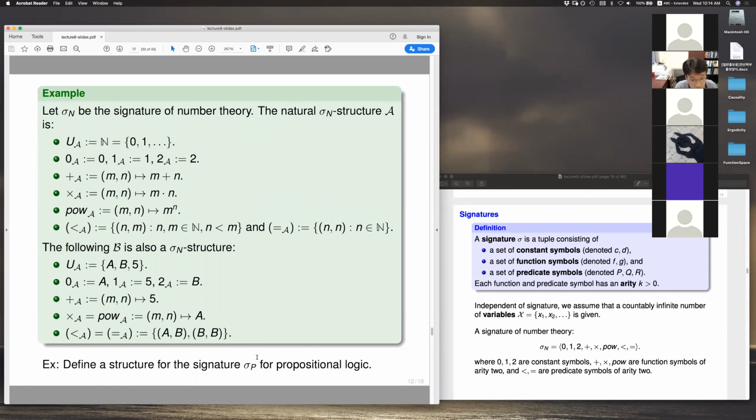So here's one exercise I want you to do, and once you finish, you can leave if you want, or you can ask me questions. The last question is: try to define a structure for the signature sigma p for propositional logic. That means you have to specify the underlying universe, U of A, and the interpretation of the constants P, Q, R, and so on, true, false, and the operators, and so on.